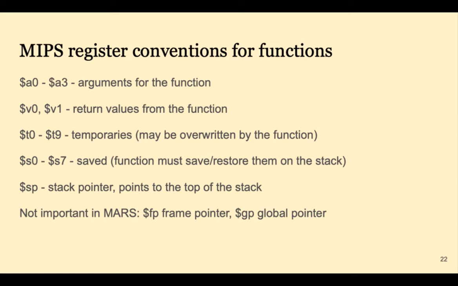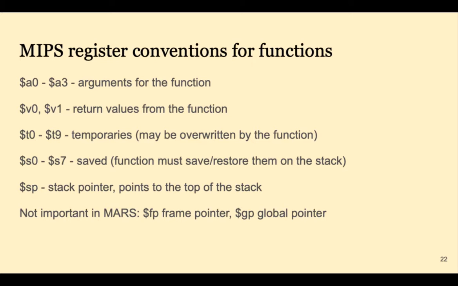There are several conventions for register usage in functions. The calling code will put data it wants the function to know about in A0 through A3. The function will put data it wants the calling code to know about in V0 and V1. Up to now, we've been using the T and S registers interchangeably. But the convention is that using a T register in a function is fair game.